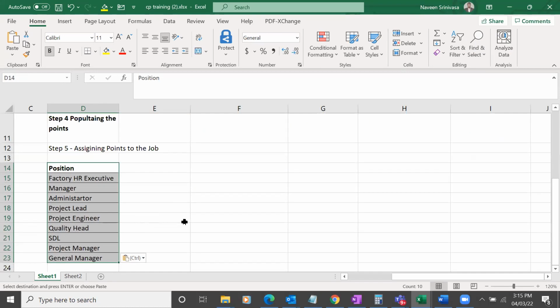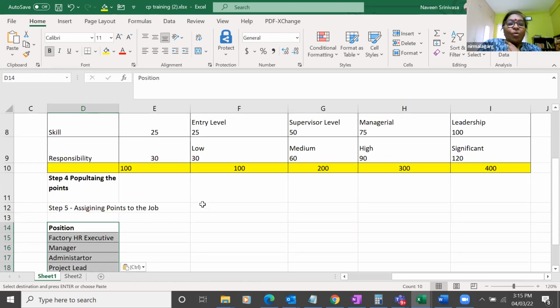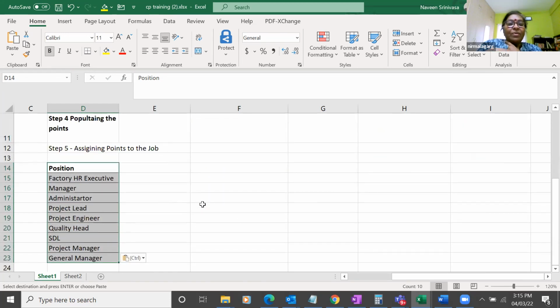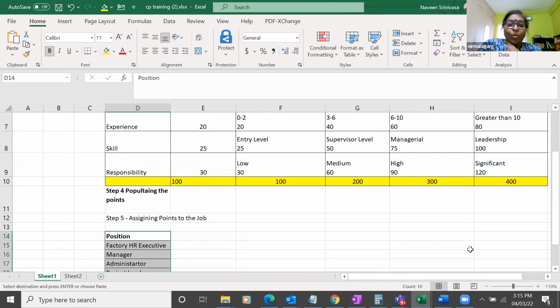I've created the template for you. You have the job descriptions, all of you as a group. Now look at the job description and assign or apportion your points. For example, HR executive: for education, how much do I need to give, at what level, for skill how much, for experience how much, and then put those total points.